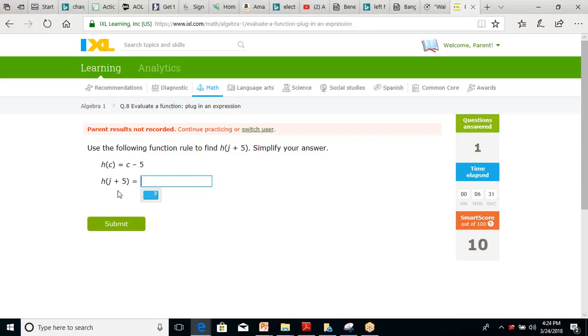But your C is J plus 5. So when you substitute J plus 5 in the equation for C, it will be J plus 5 minus 5. So that will be just J. Okay? That will be just J.